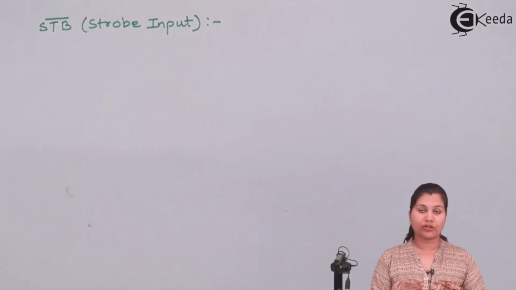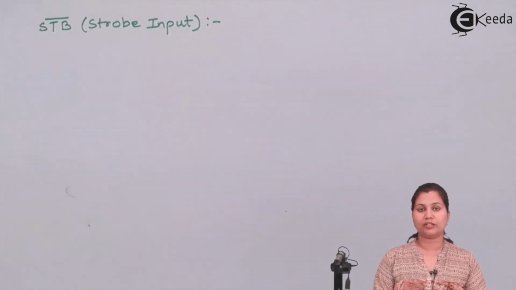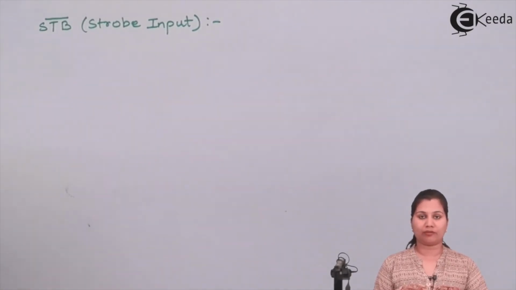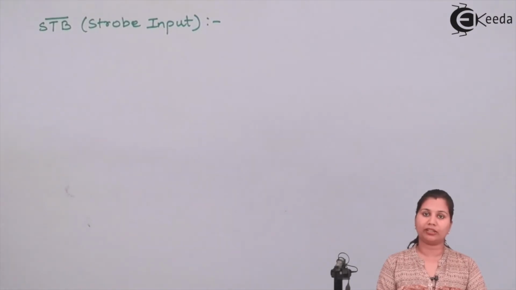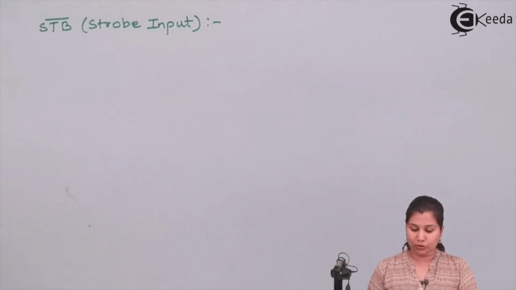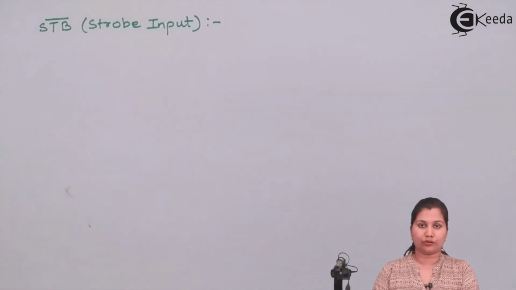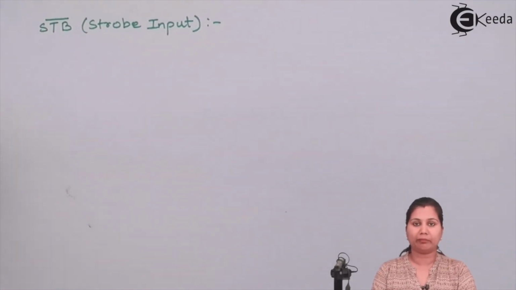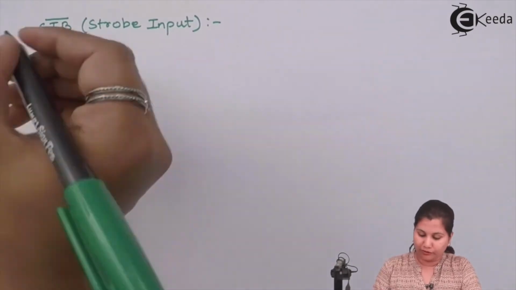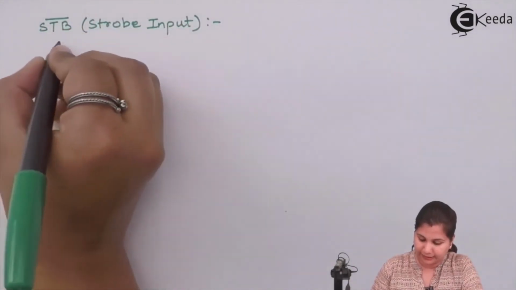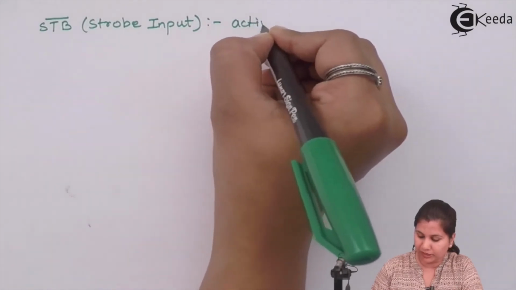Now this signal is generated by a peripheral device, because we know that the 8255 is connected with a peripheral device on one side and with the microprocessor on the other side, as it is acting as an interface between the two components. So this strobe input is generated by a peripheral device to indicate that a byte has been transmitted by that device to the 8255, and it can be read by the microprocessor. It is an active low signal, because we have a bar over it.